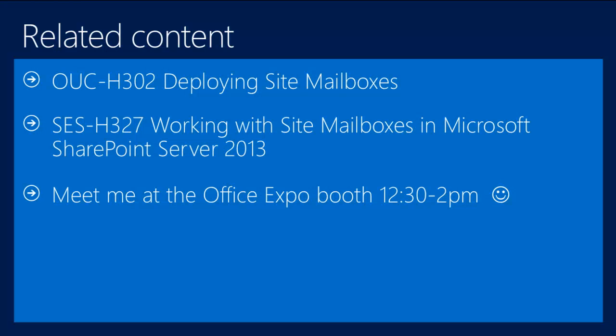If you have an encrypted message and you move it to a site mailbox, nothing on that message changes. So it's still encrypted to the same set of people. It's just as if you stored it somewhere else. So we're not doing any transformation or translation there.